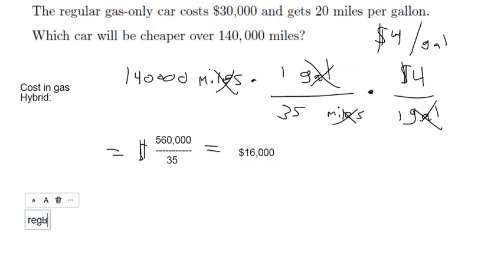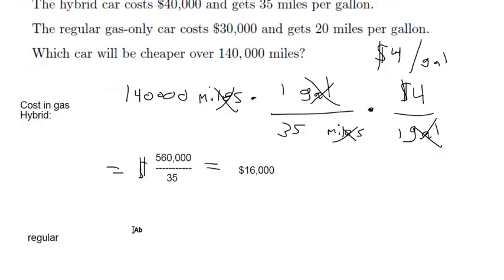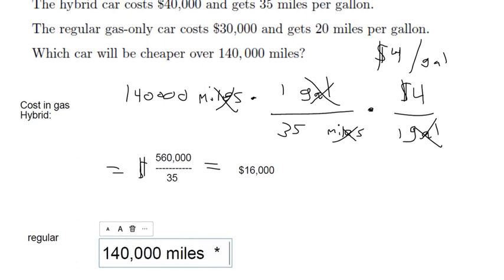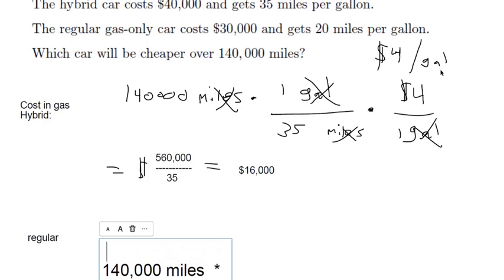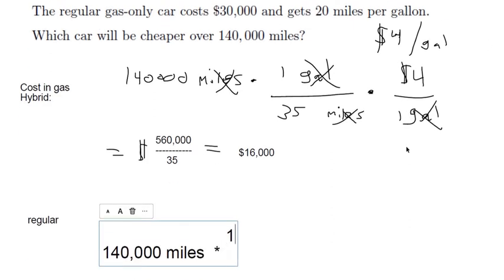And then for the regular gas car, same approach. We got 140,000 miles. I want to multiply that by, for this other car, it's 1 gallon for every 25 miles. I'm going to try to type out my fraction, see if that's easier.